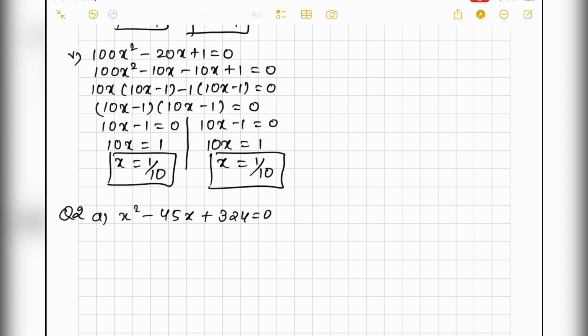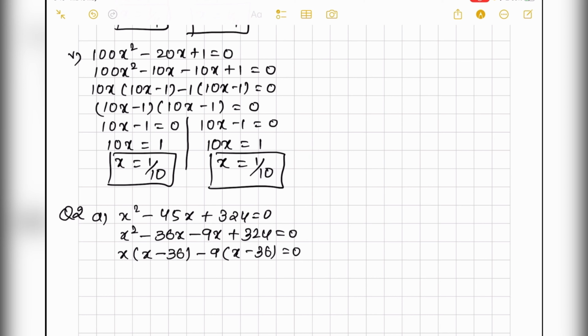This was the first. So for 324, I need factors whose sum is minus 45. So 36 and 9 are coming. So x square minus 36x minus 9x plus 324 equal to 0. From the first two terms I am taking x common, so x minus 36. From the next two I am taking 9 common, so x minus 36.